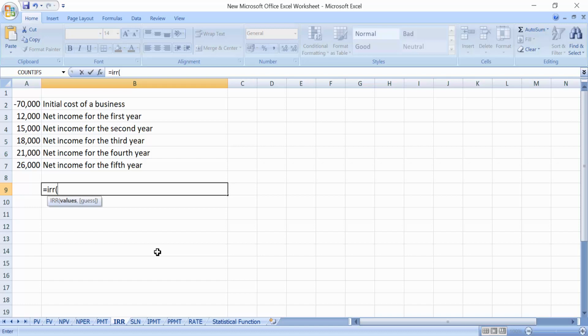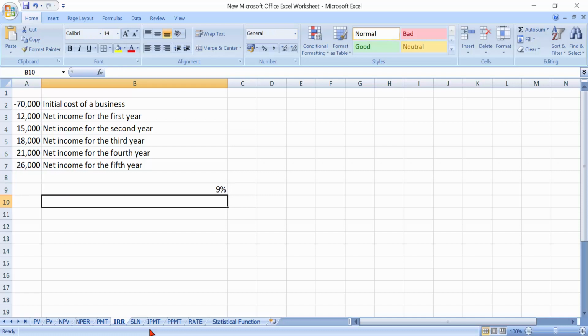Value is an array or a reference to cells that contain numbers for which you want to calculate the interest rate of return. Like यहाँ पे जो मैंने दिया है this one, वो सेल रेंज दे सकते हैं. ठीक है. And the next one is guess, is optional, so just close that bracket and you will get 9%. ठीक है. So internal rate of return after 5 years is 9%.